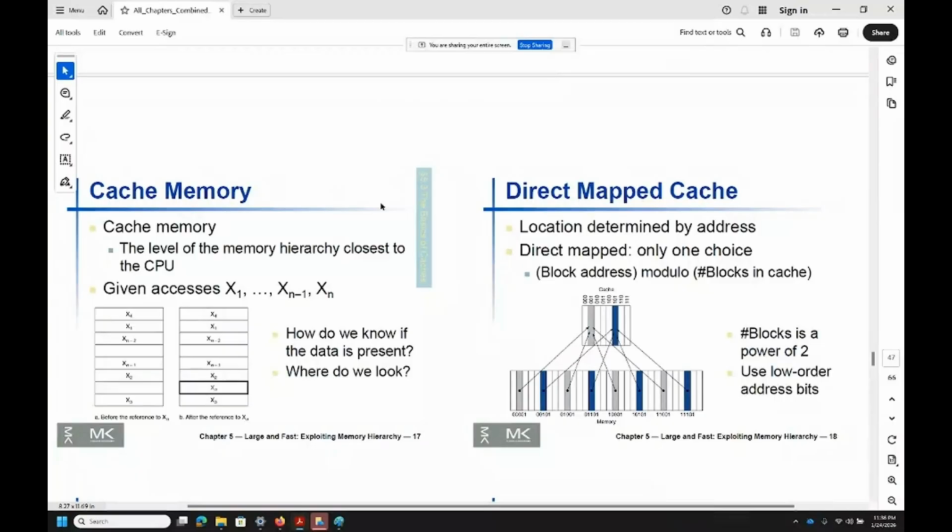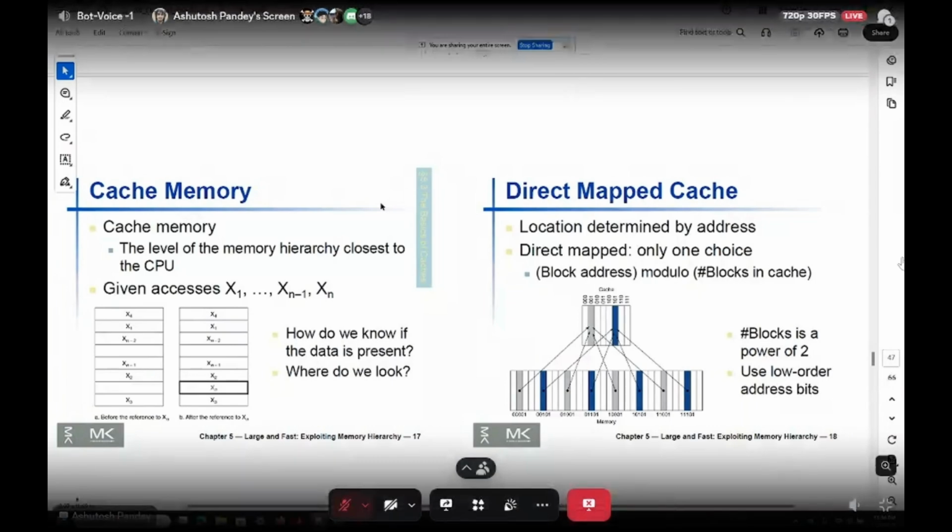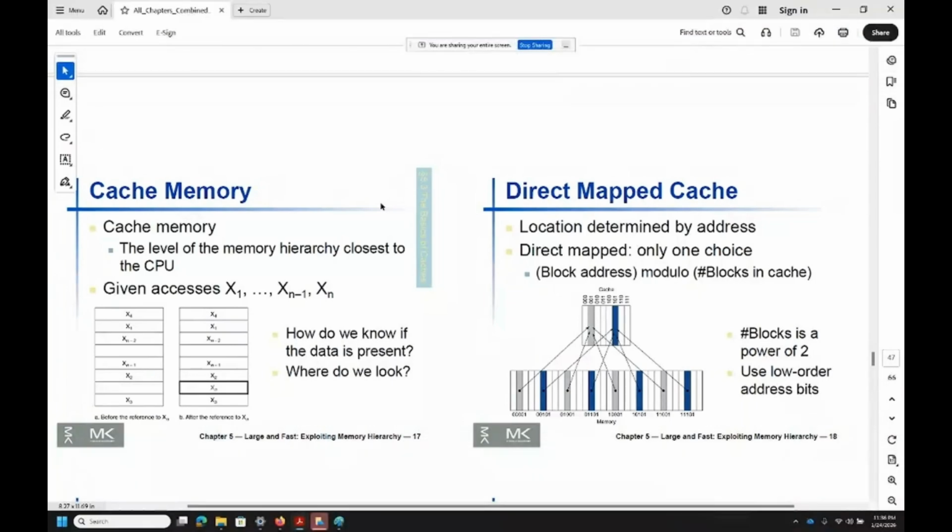The problem here is that you have a lot more data than the number of blocks in the cache. Address number 50 will be stored in block number 0, since 50 divided by 50 gives a remainder of 0. Address number 100, which also gives a modulus of 0, will be stored in the same block. Address number 200, which is also a modulus of 0 with 50, will be stored in the same block.